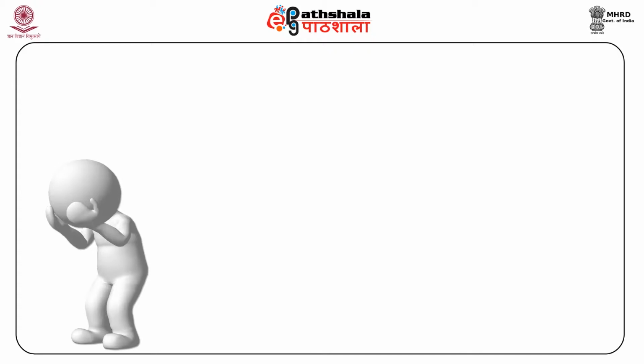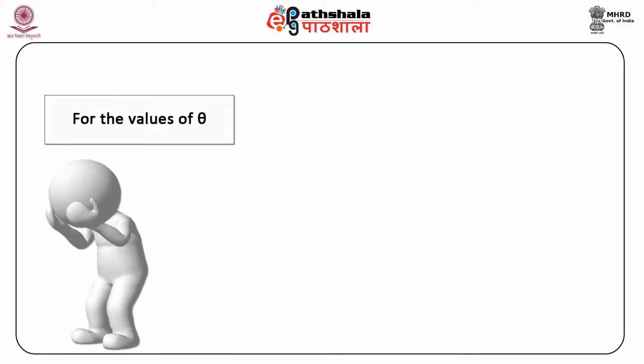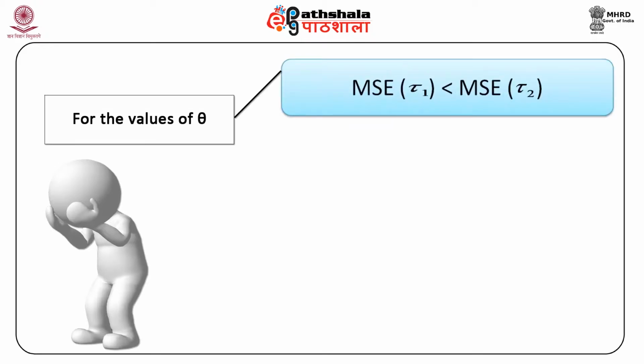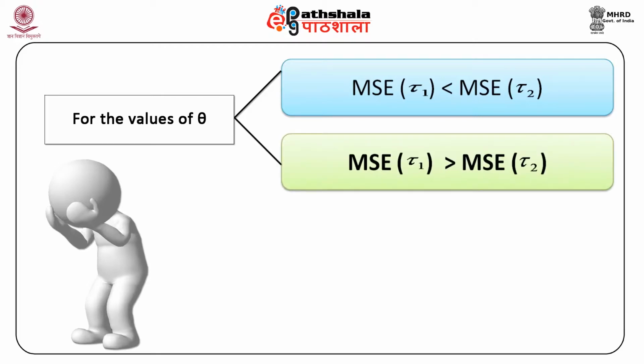The reason being that the MSE is itself generally dependent on the value of the parameter. We may find that for some values of theta, MSE of T1 is less than MSE of T2, whereas for other values of theta, MSE of T1 is greater than MSE of T2. So finding an estimator with the smallest MSE for all values of theta is not possible.